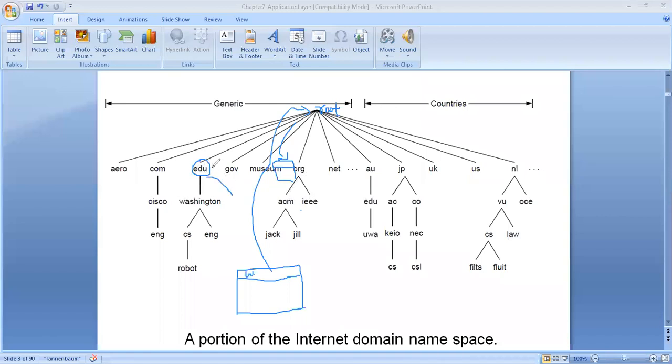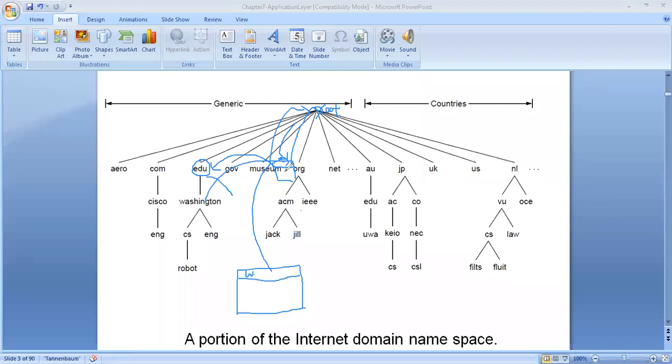So it will search with this. Once it confirms that it is Washington, again it will send back a request. Very sorry, instead of asking for the root, the second time the resolver will ask for the edu, and then check whether it belongs to Washington or not.